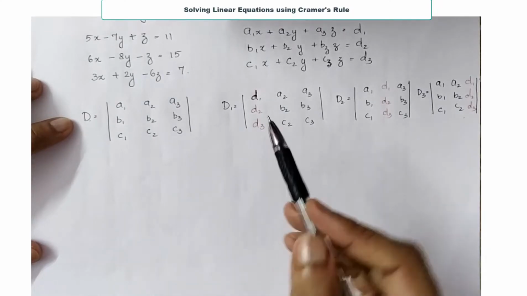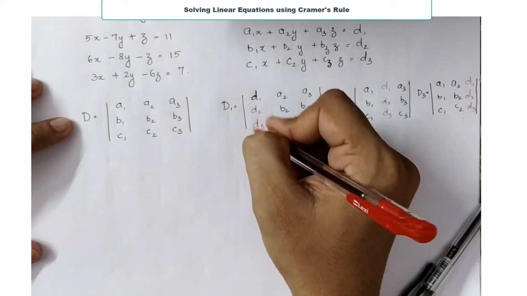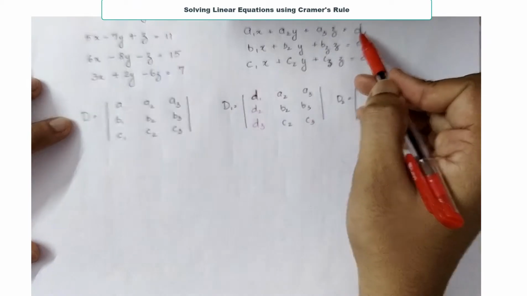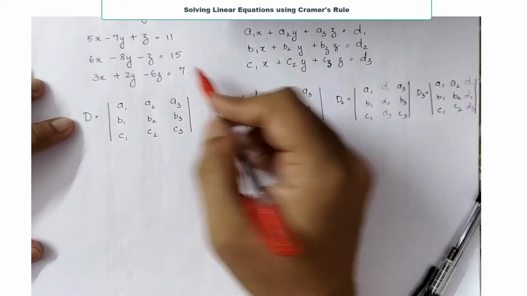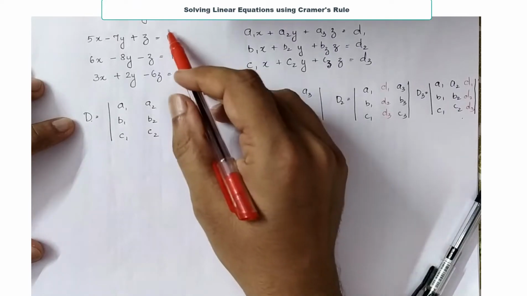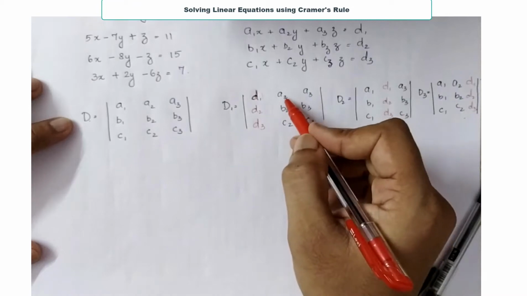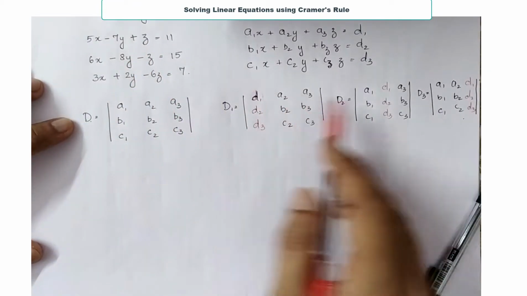Whenever you write D1, make sure the first column is replaced by the constants d1, d2, d3. So replace the first column with the answers, that is 11, 15, 7, the constants, and everything else remains the same.